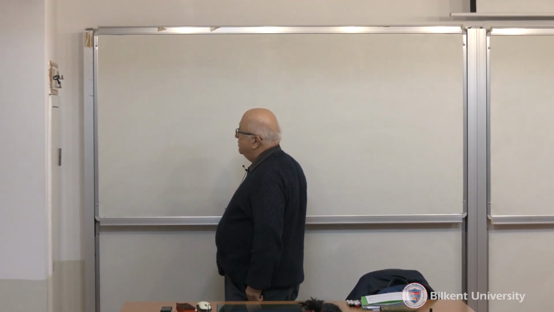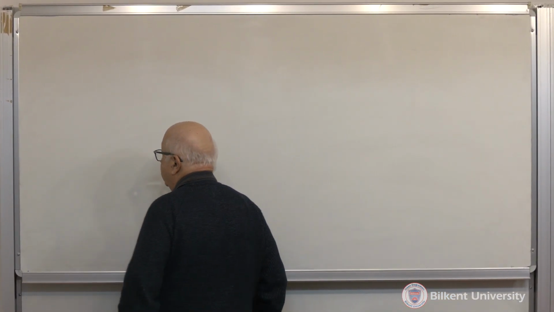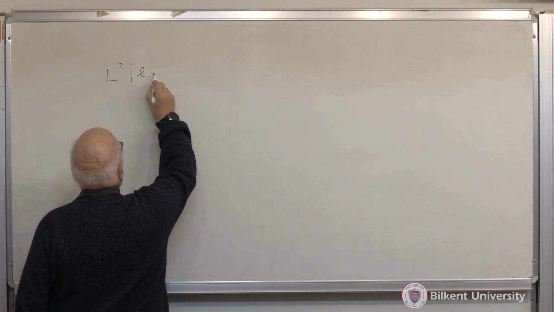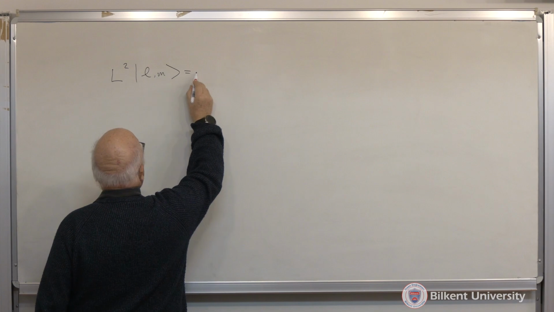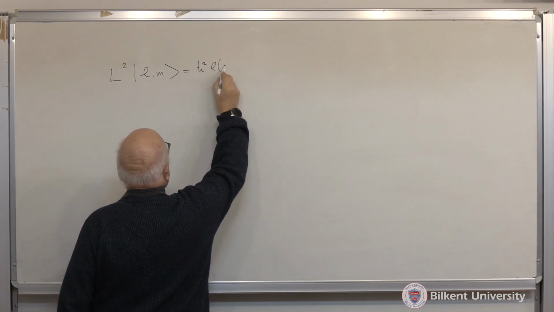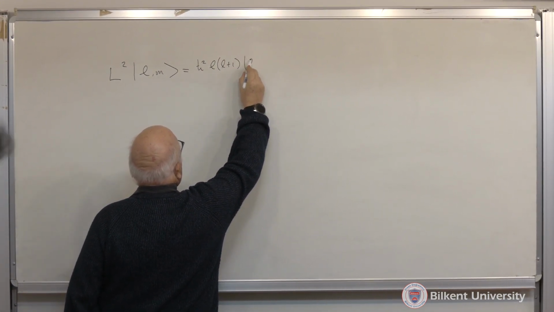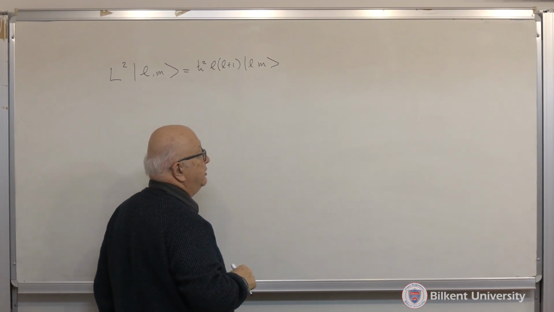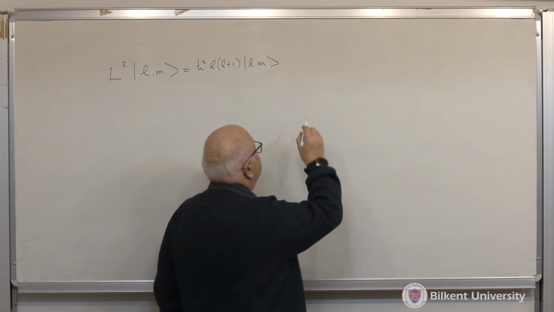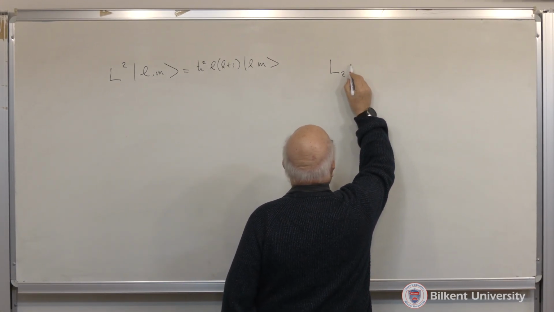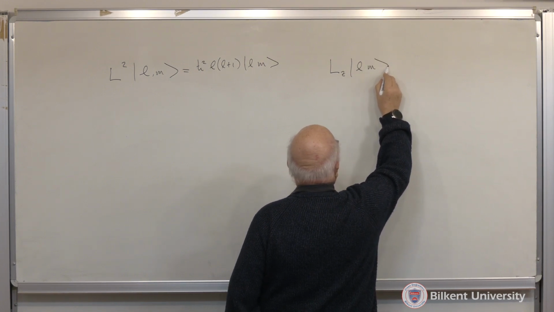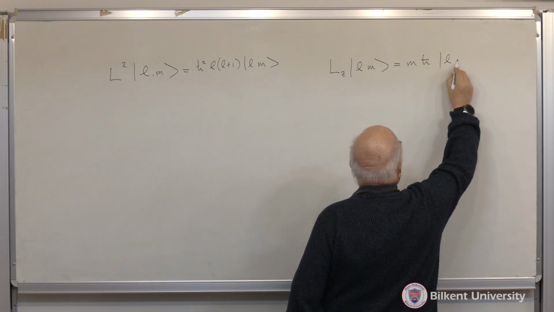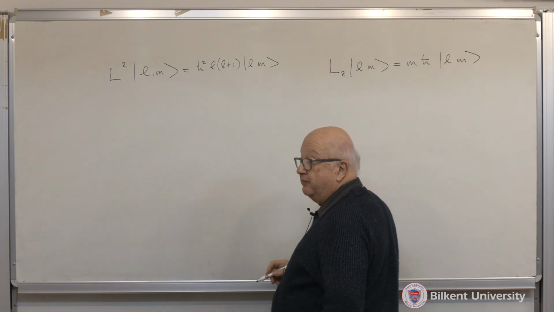We have these objects which are eigenstates of L squared, which are also at the same time eigenstates of Lz. So we have this stuff.